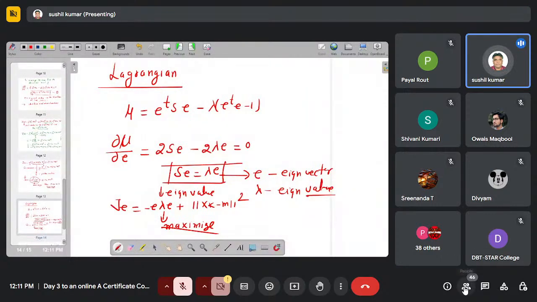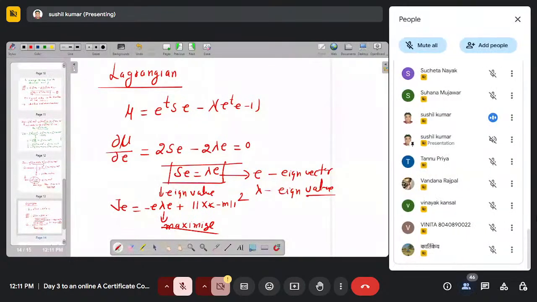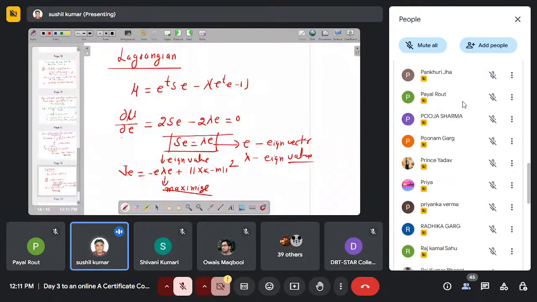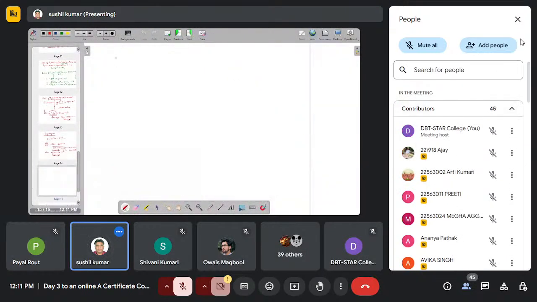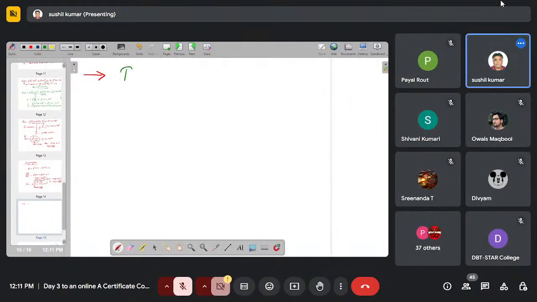So now it is very clear from here that to maximize e transpose lambda e, the requirement is that we need to increase the value of lambda.